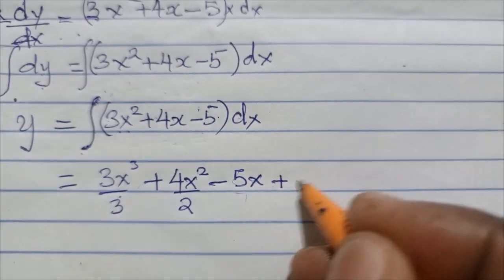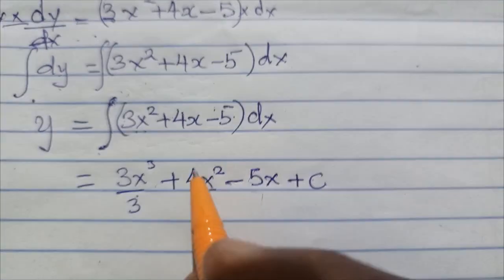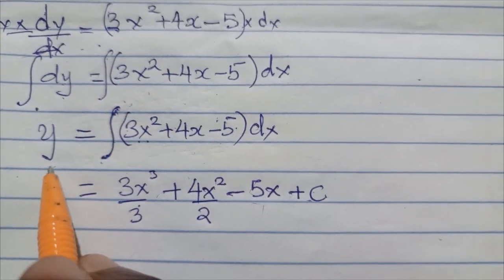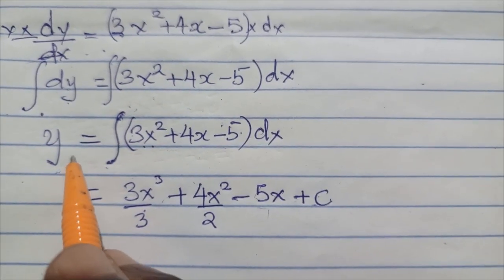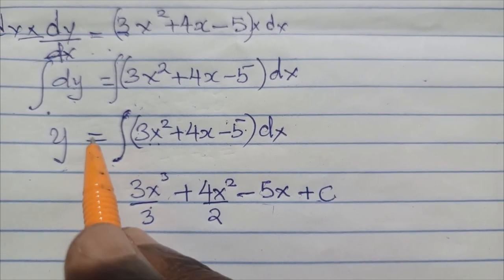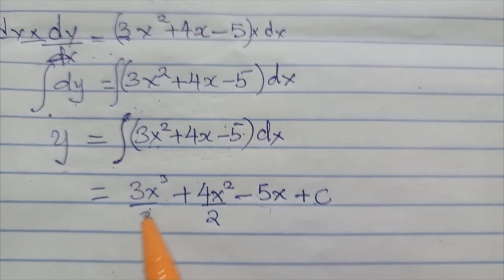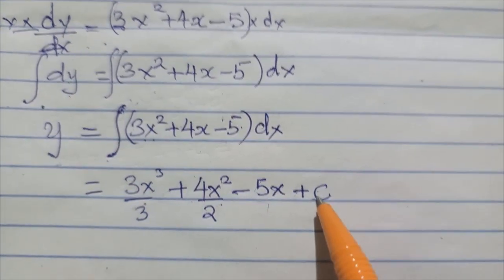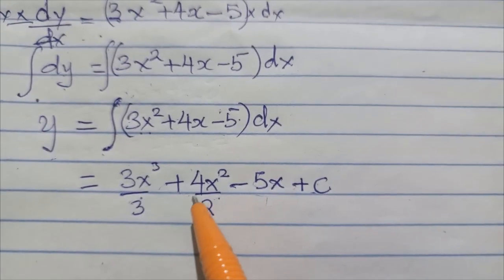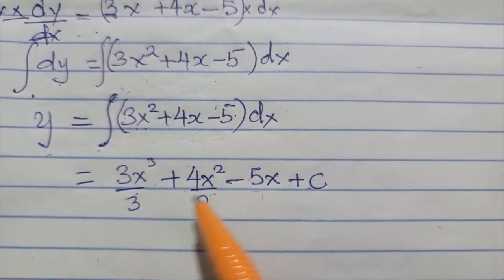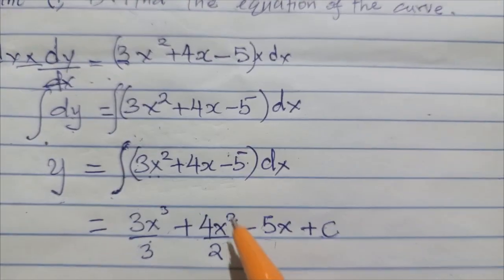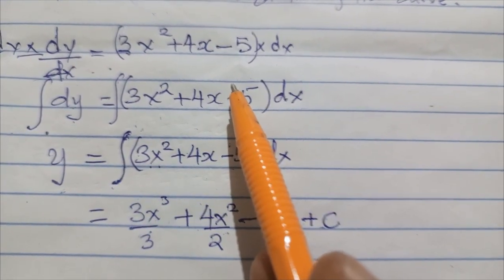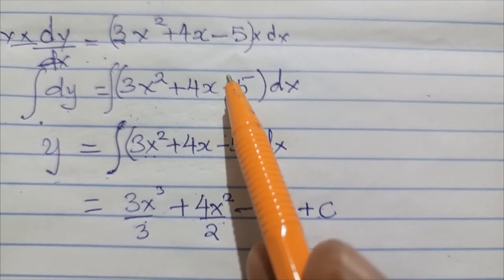Now plus a constant. We add a constant because this is an indefinite integration. So in other words, when it is indefinite, we must add a constant because that function can take different values. The gradient function, you will realize, is not specific to a particular curve.